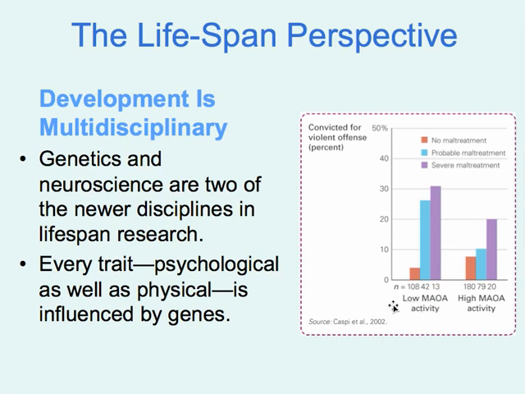And here the neuroscience, this low MAOA activity, that's basically just a measure of levels of a neurotransmitter called serotonin that actually interacts with an environmental factor, specifically individuals who were either not maltreated, experienced probable maltreatment, or severe maltreatment.